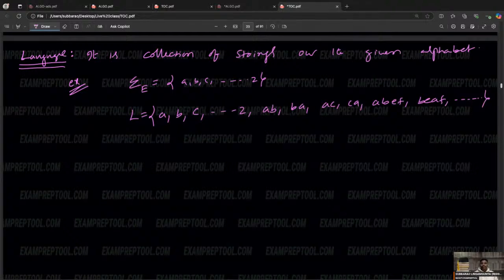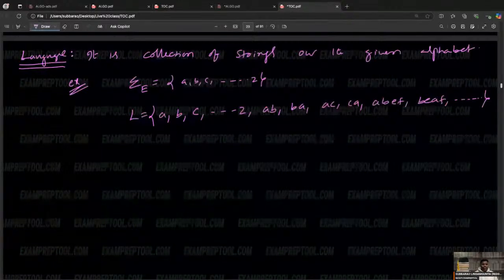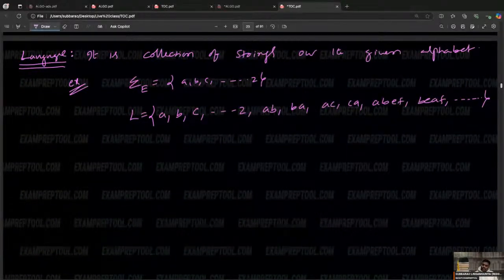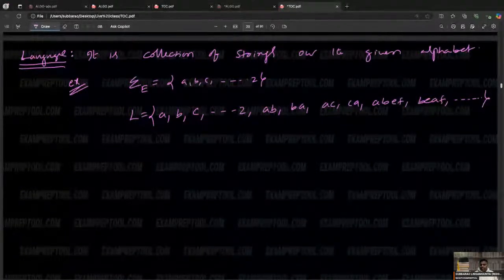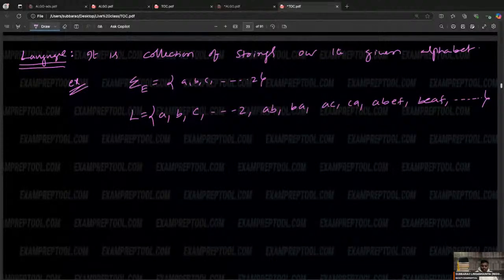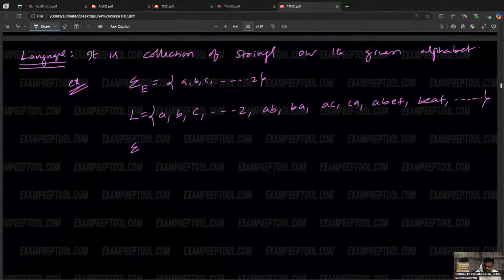So everyone knows language is a collection of strings. What is a string? Any sequence of characters over the given alphabet is known as a string. A collection of strings is known as a language. In a similar way, take one more example. Let us assume the alphabet of CSC.